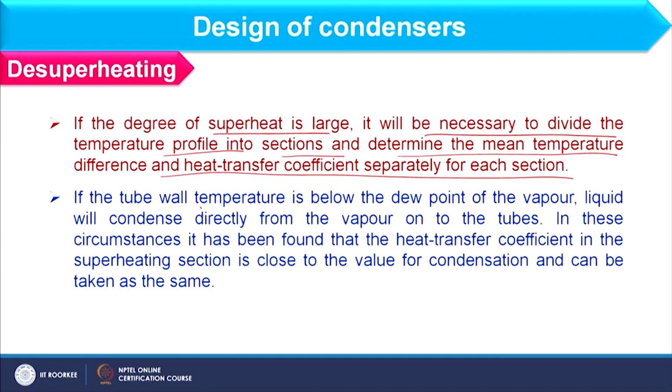If the tube wall temperature is below the dew point of the vapor, liquid will condense directly from the vapor on the tubes. So it will also depend on the temperature of the coolant, and in these circumstances it has been found that the heat transfer coefficient in the superheating section is close to the value for condensation and can be taken as it is.